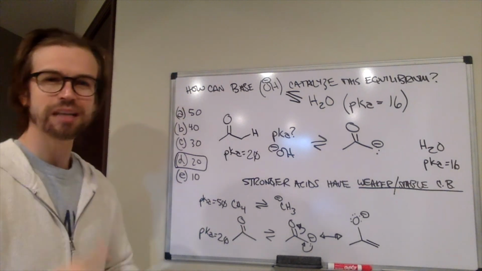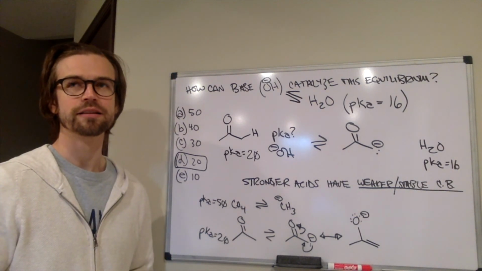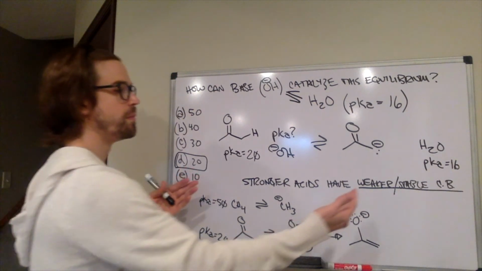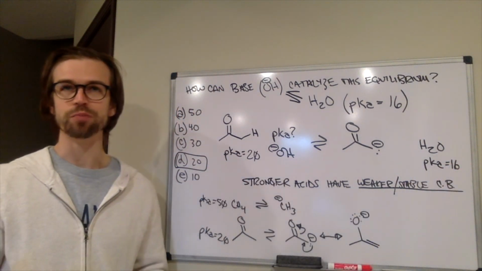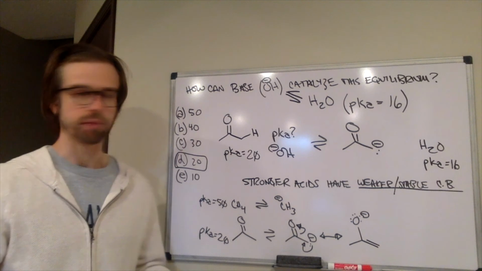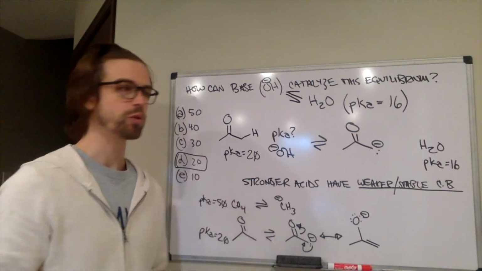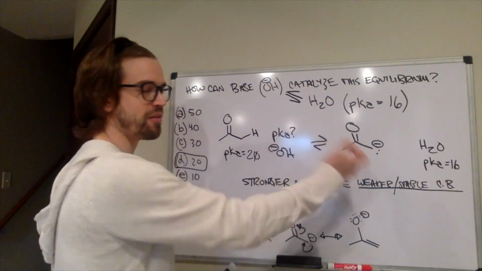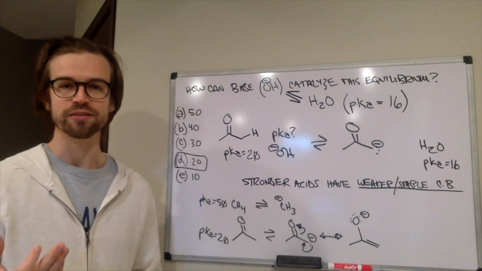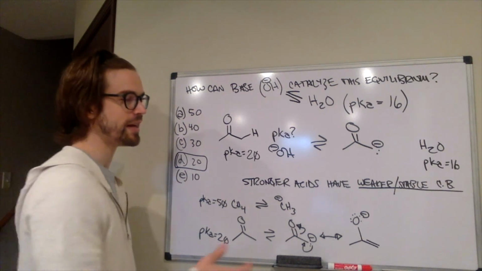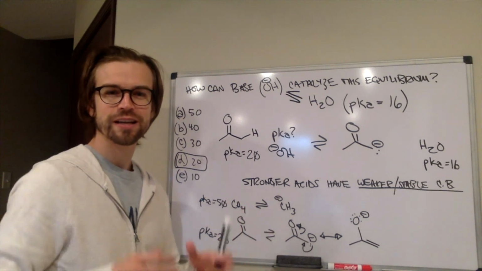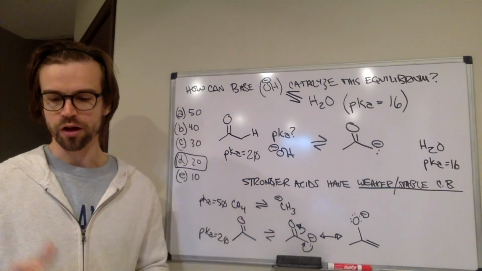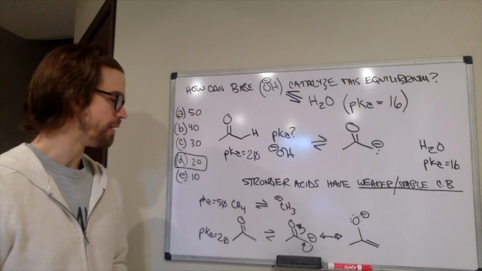And really, what's the largest difference there can be and it still be a useful equilibrium? A useful equilibrium means that there is at least some amount of material on both sides of the arrows. And it turns out that it's usually somewhere between 5 and 7 pKa units difference where it will no longer have anything on that side.